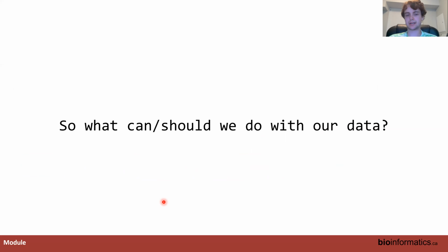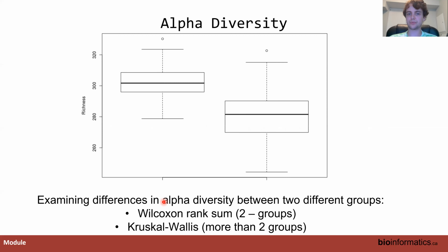In the following section, I'm going to give you some practical examples of different statistical tools or tests that you can use to answer some common questions that might pop up during your microbiome analysis. So for example, perhaps we're looking at the alpha diversity of two different groupings of samples, and we're wondering whether there is a statistical difference between the richness in one group compared to the other.